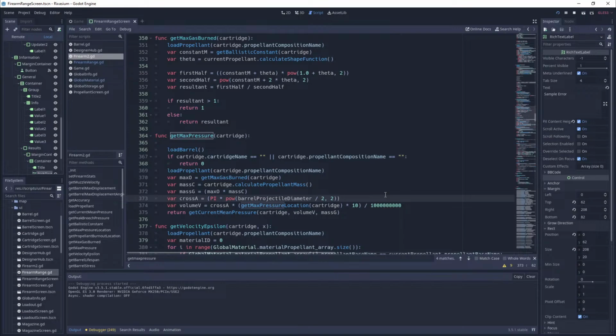Okay, so we're using our barrel. Okay, so we're determining how much gas is burned. And then we're using the propellant mass. And we're getting our current mean pressure. So that's why things aren't working right now. Mainly, but the thing is I can't get it to work otherwise. So we are going to have to fudge some numbers.